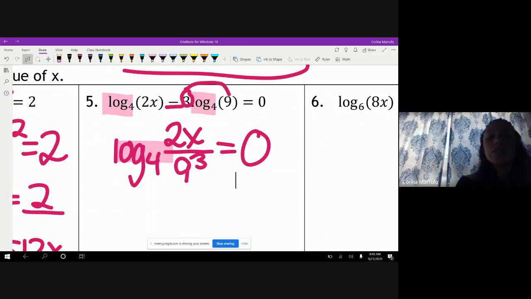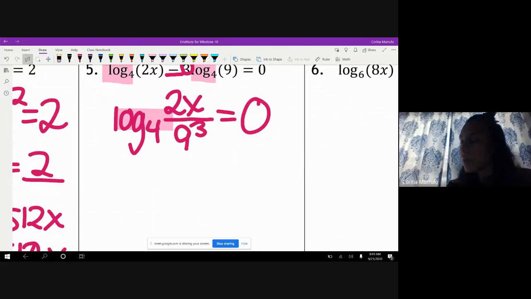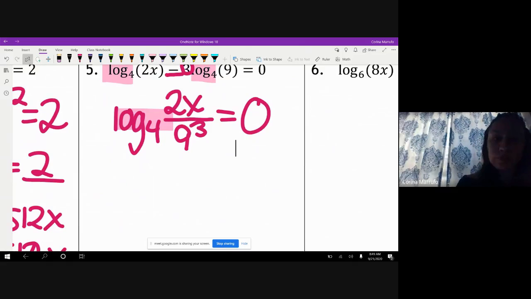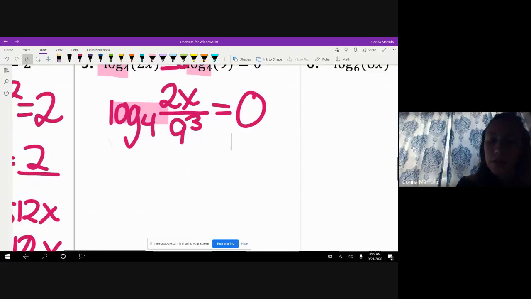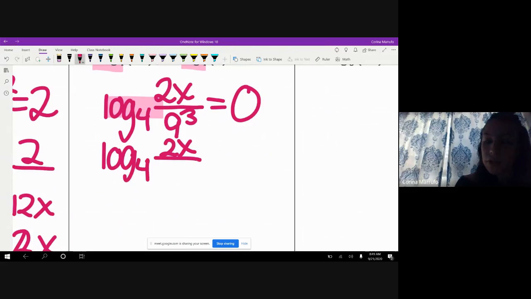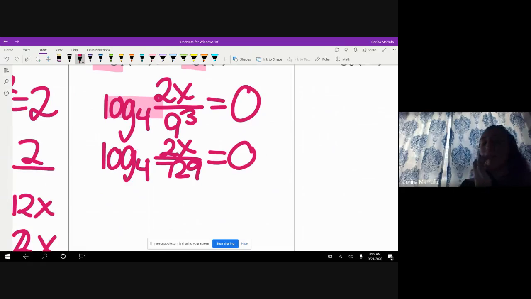Okay, so once we do that, I'm going to go ahead and put 9 to the third power in my calculator, and that gives me log base 4 of 2x over 729. This is equal to 0. Okay, now I'm ready to rewrite in exponential form.